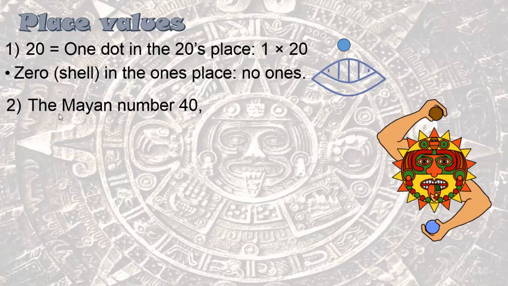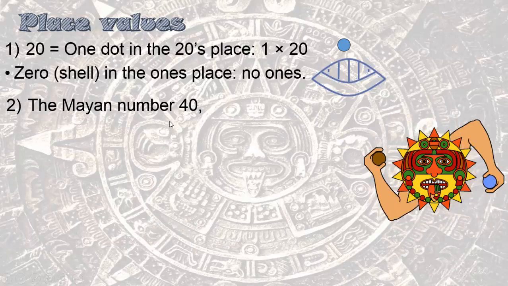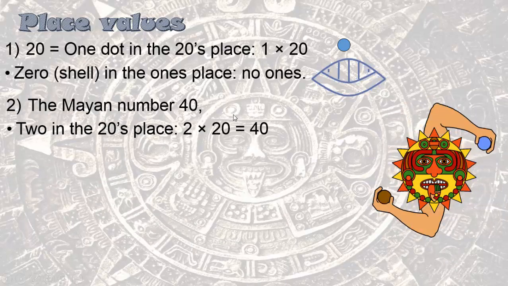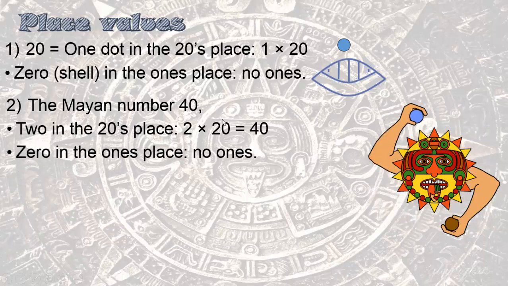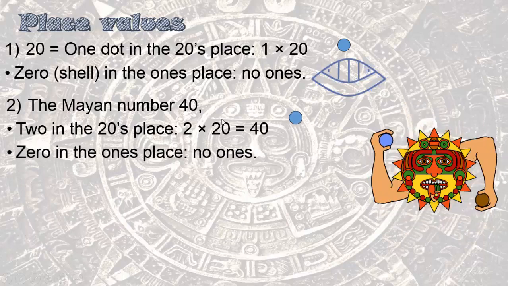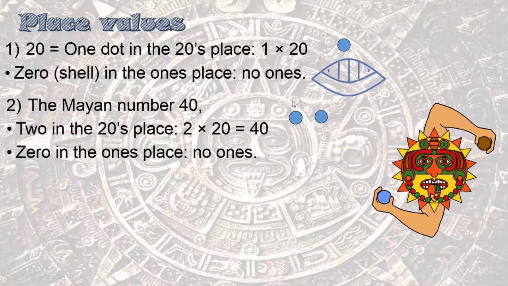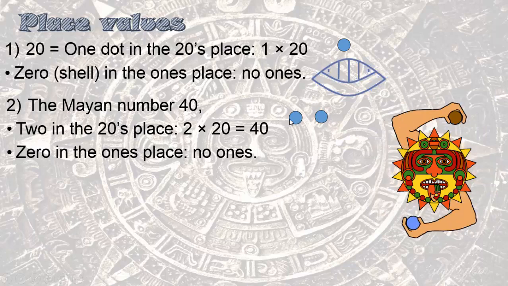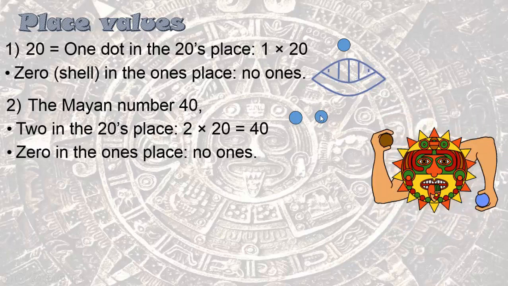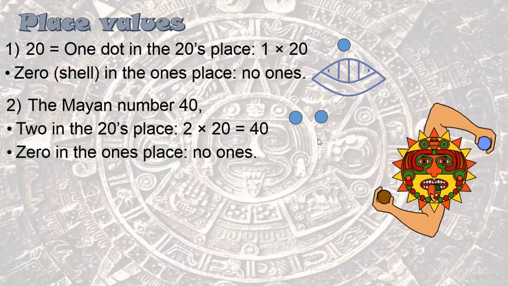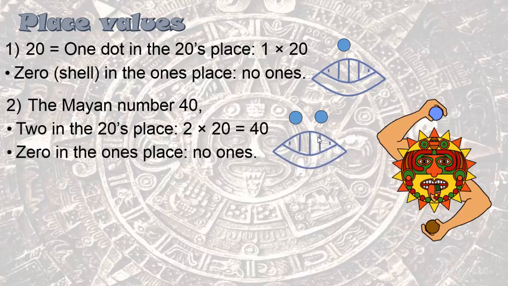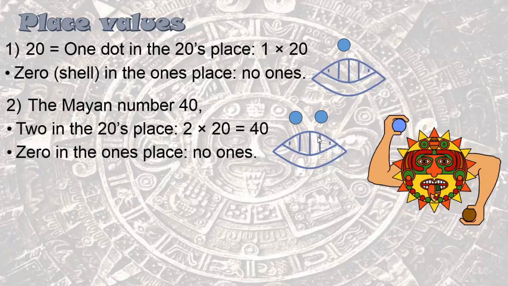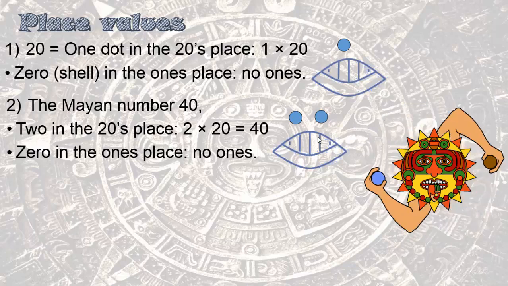In example number 2, the Mayan number 40 would be 2 dots in the 20s place because 2 times 20 is 40, but then there are no 1s in the 1s place, so we put a shell.